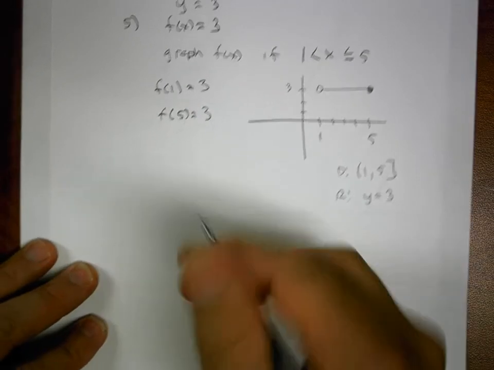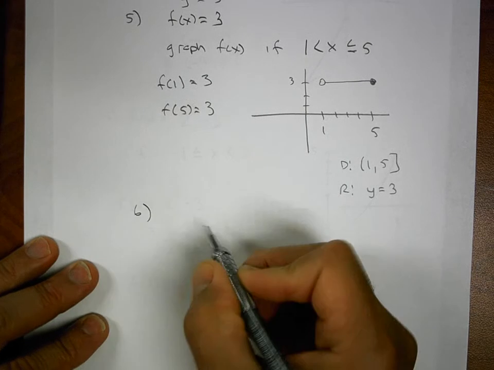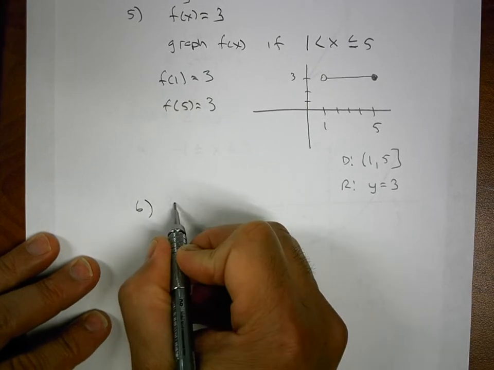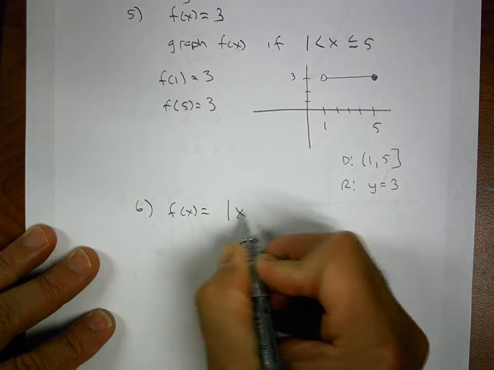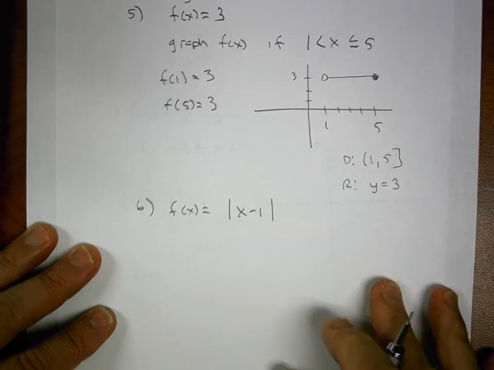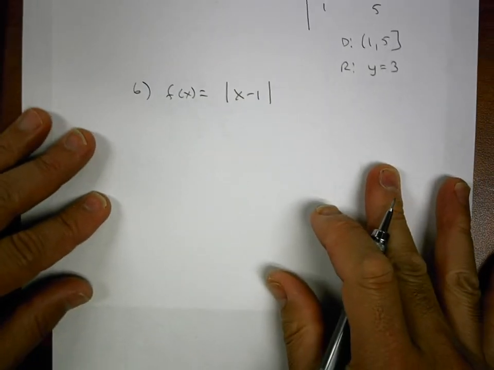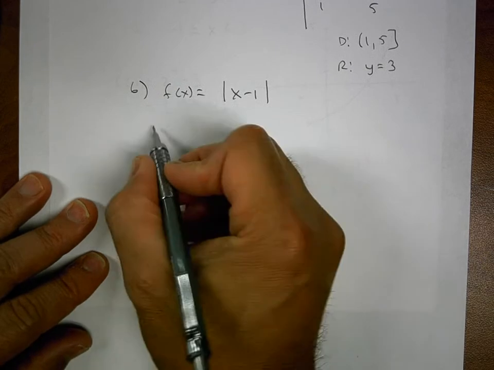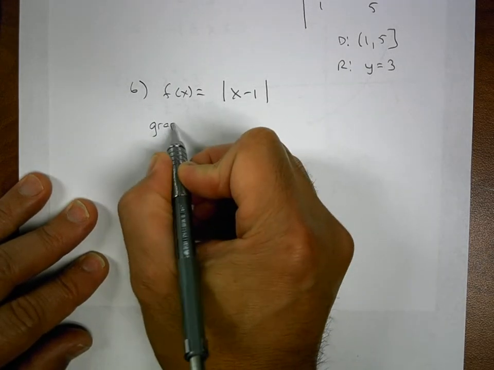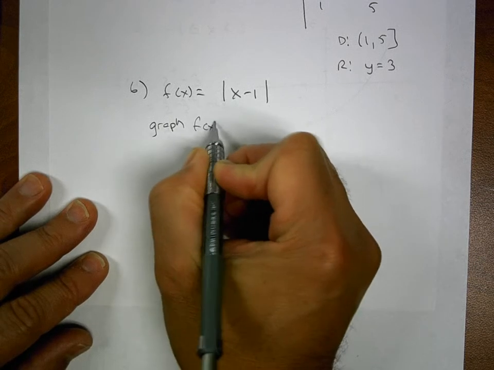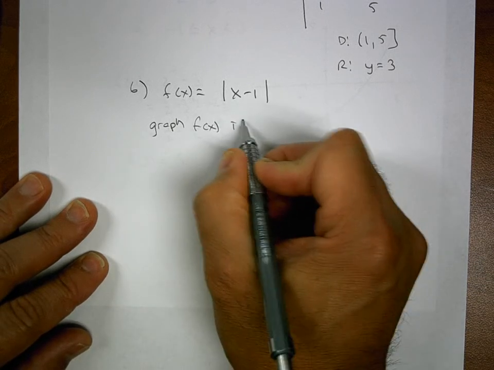Okay, 6. Let's do an absolute value V. f of x equals absolute value of x minus 1. We're going to graph a section of this V. So you're going to graph f of x if x does not equal 2.